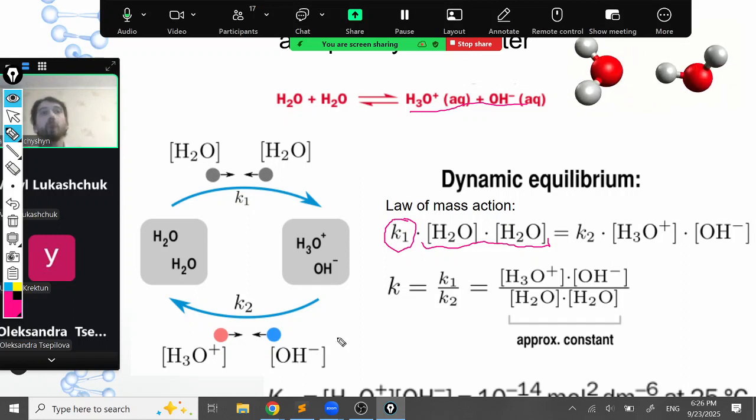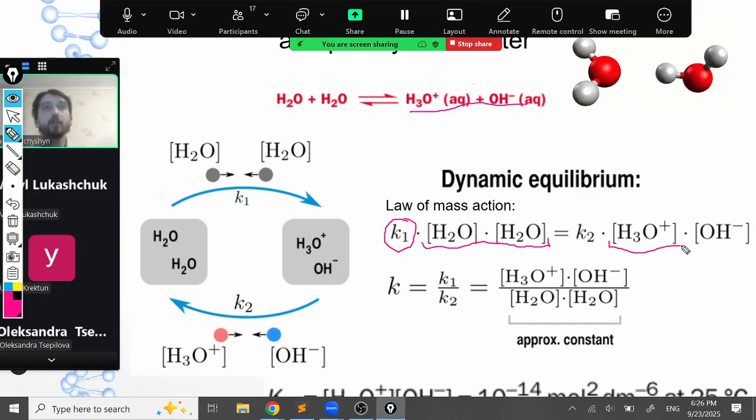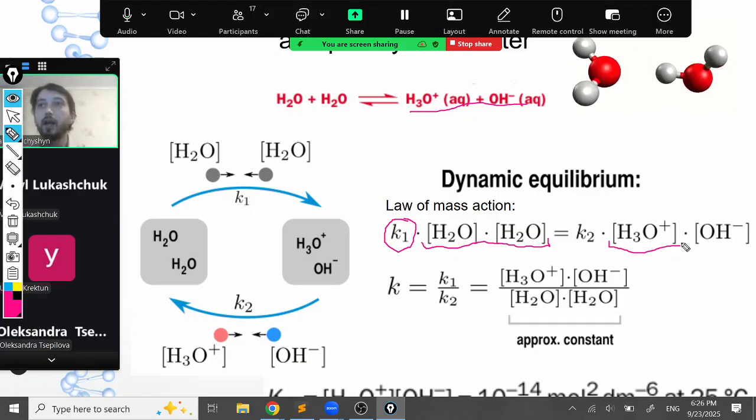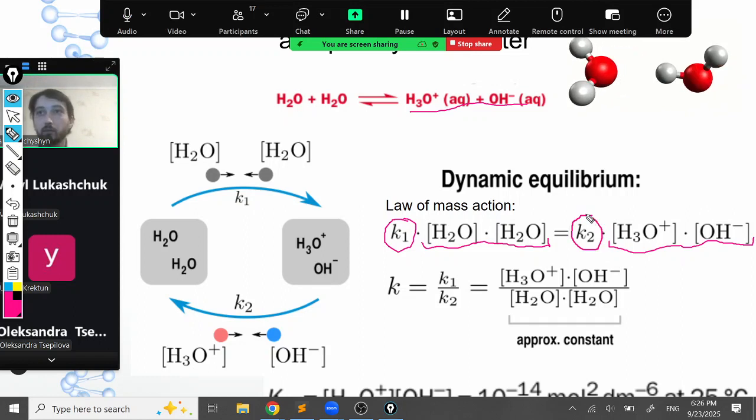what is the probability, if I look at two molecules that are hitting each other, these are H3O plus and OH minus, that the concentration of H3O plus, because the concentration is basically proportional to the probability that a randomly chosen molecule is exactly of that kind, times the concentration of OH minus, and if we compress all the rest into one constant, we will get this expression, the probability of transforming back.